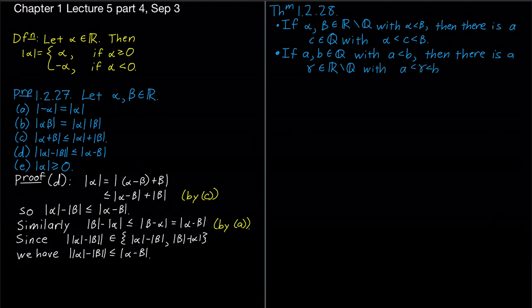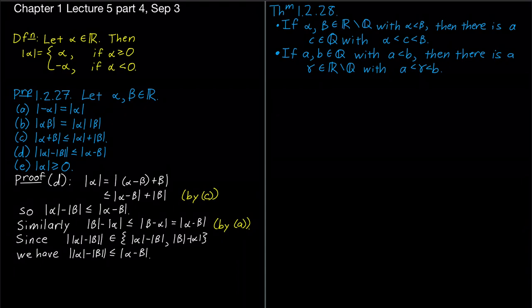So this is sometimes called the density property. It just says between any pair of rationals is an irrational, between any pair of irrationals is a rational. So the rationals and the irrationals are both, the technical term is dense in the reals.